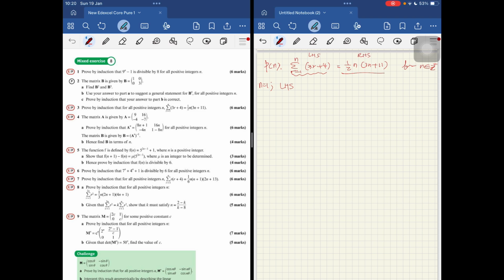The left-hand side equals the sum for r equals 1 to 1 of 3r plus 4, which means 3 times 1 plus 4, which is 7.